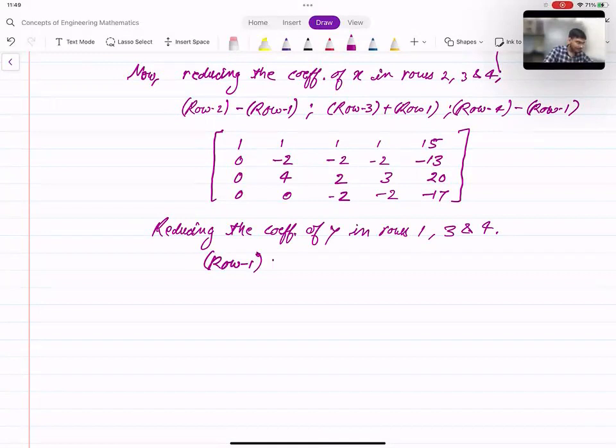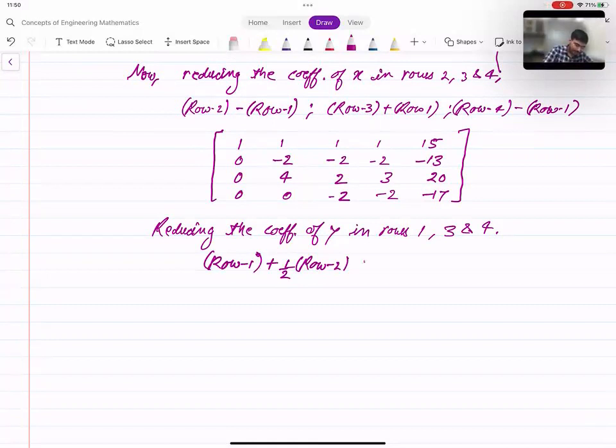As I mentioned, we can only use row 2 for reduction. So if we add half of row 2 to row 1, then this will be reduced.